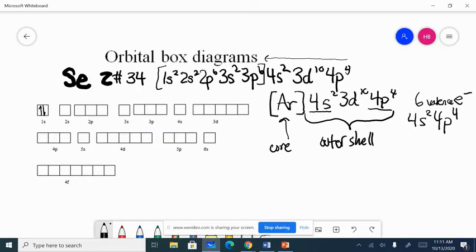So I have one arrow pointing up and one arrow pointing down to follow the Pauli exclusion principle and represent the fact that the electrons have opposite spins. Now I'm going to fill this one. Now watch how I fill 2p. Because of Hund's rule, each orbital gets 1 electron in the 2p sublevel before anybody gets 2.